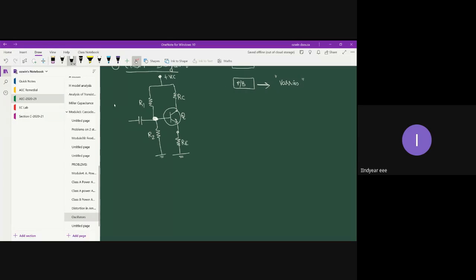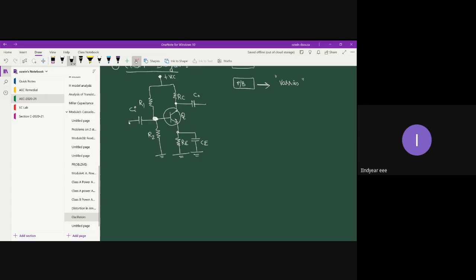Fine. So we are done with the oscillator circuit, except for the coupling capacitances. This is your output coupling capacitance, and this is your bypass capacitor CE. And you also have an input coupling capacitance, let's say CI. So the amplifier block is done. Now what we have to do?